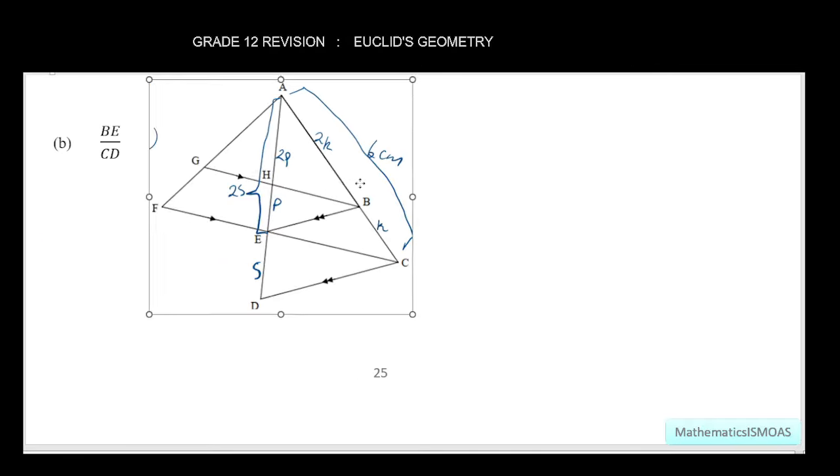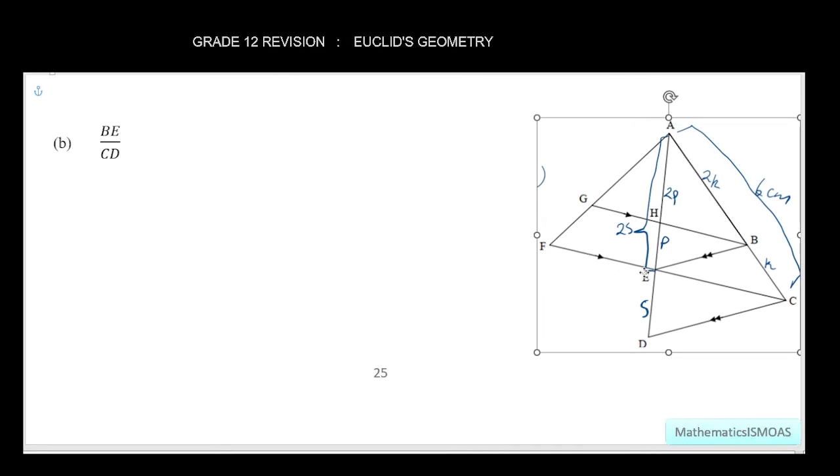Here we go. Now we need to calculate the ratio of BE to CD, BE over CD. Here is BE, there is CD.